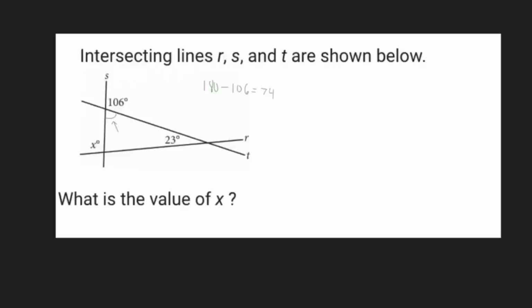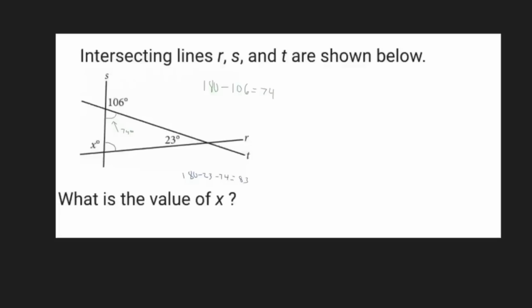So we know this angle right here is going to be 74 degrees. And now we have two angle measures of a triangle, and so we can find the missing angle measure, right? So this angle right here at the bottom. And so we just do 180 minus 23 minus 74, and we get a value of 83.